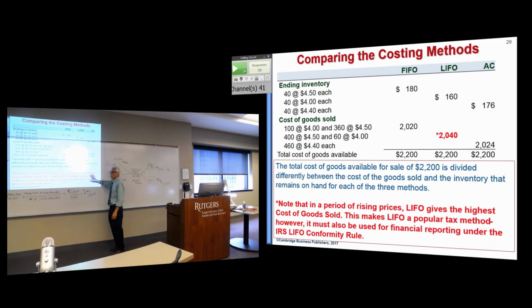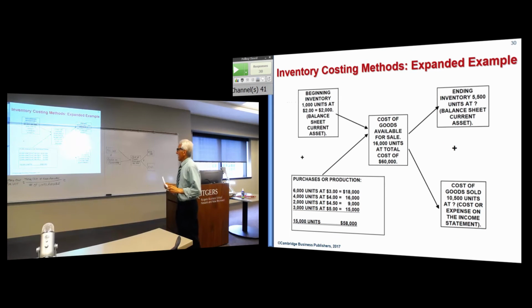If you use the same method for book and tax, there's no real cash flow difference because you paid $2,200 for this inventory, between the two periods. So the only cash flow effect comes in when you have your taxes, and the taxes play an important role in this.